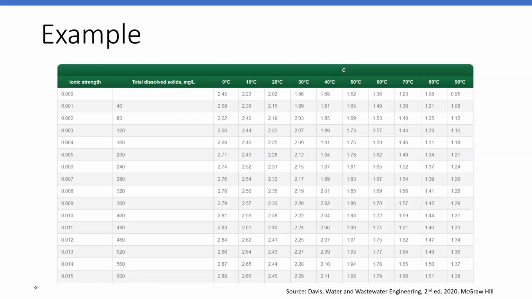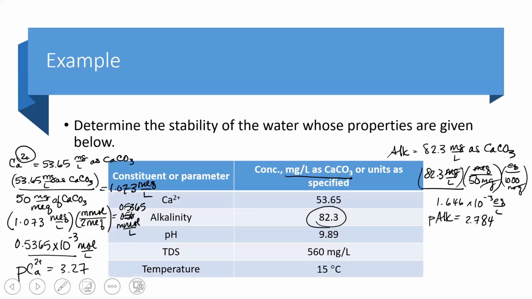We were told that the total dissolved solids was 560. The temperature is 15, so we'll interpolate between 10 and 20 degrees C. So this is 2.545. So C is equal to 2.545.